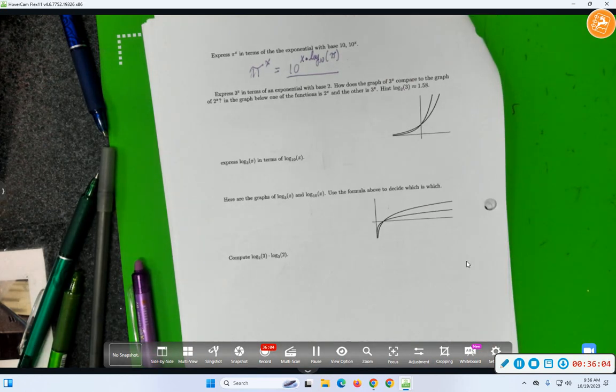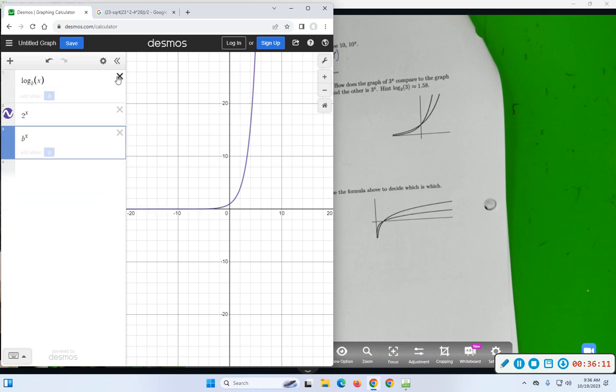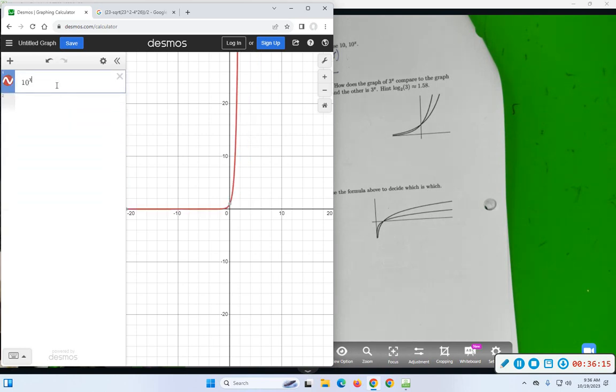And you know what? Let's just do a check. Ten to the x. Oh wait, no, pi to the x was the one I wanted. Pi to the x. 10 raised to the x times log base 10 of pi.